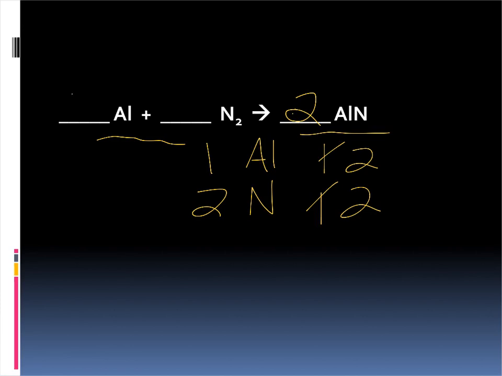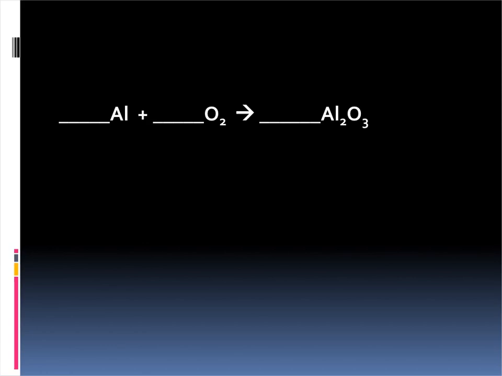So now I need to have a 2 in front of my Al. So I'll have 2 Als. Now N, we don't need anything in front of this N2 on this side, right? Because we're balanced at this point. But understand there's like a little imaginary 1 over here. I can't draw an imaginary 1. There we go. All right, let's look at another example.